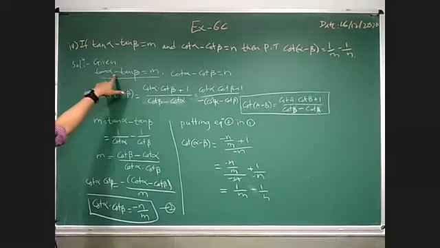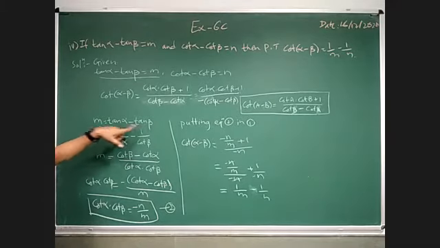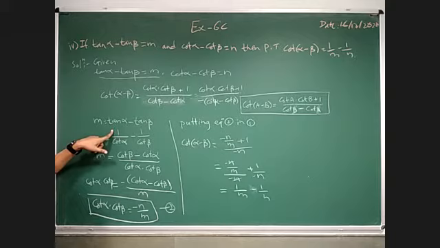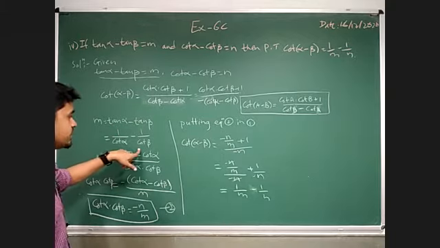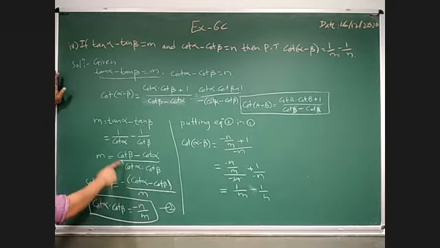So I use this thing, tan alpha minus tan beta, m is equal to tan alpha minus tan beta. I wrote 1 by cot alpha because it's the reciprocal of tan alpha. So 1 by cot alpha, 1 by cot beta. Now just taking LCM here, after taking LCM I have cot beta minus cot alpha.